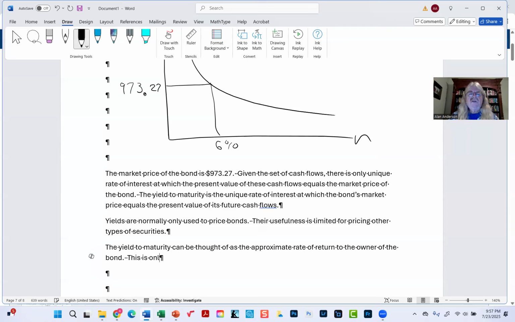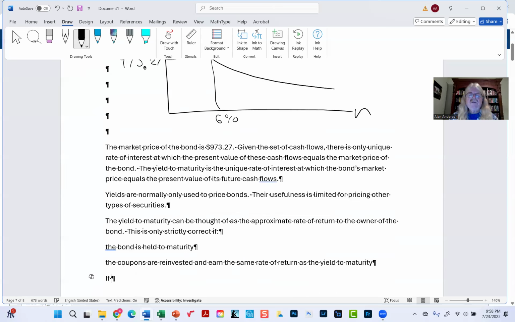This is only strictly correct if, number one, the bond is held to maturity, which means you don't sell it before the maturity date. And number two, the coupons are reinvested and earn the same rate of return as the yield to maturity.